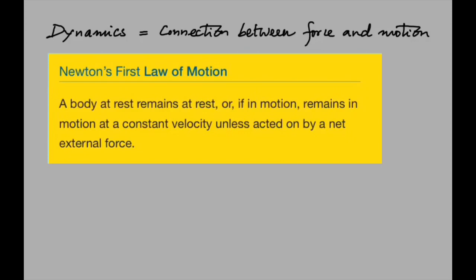In fact, here is Newton's first law. An object at rest remains at rest, or if in motion, remains in motion at a constant velocity unless acted upon by a net external force. So now that shows 2 types of objects. One is an object at rest, the other is an object in motion.